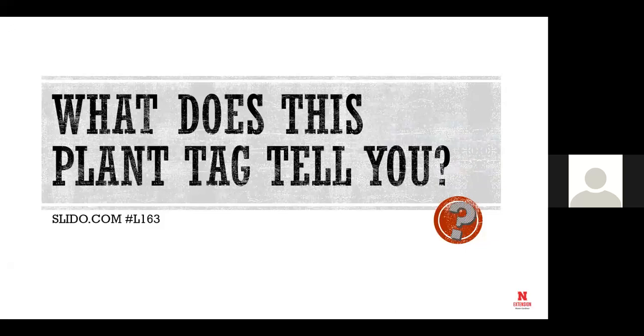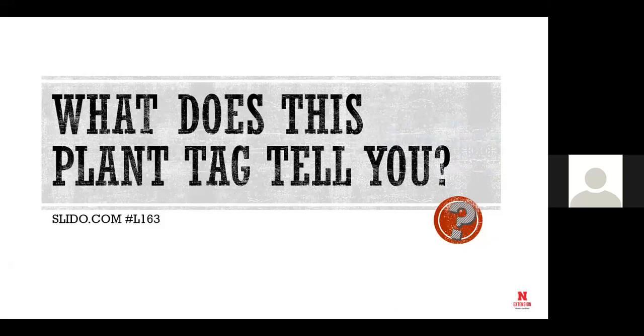What you have is a sheet of plant tags. These are just various tags that I pulled and Terry found. What we want you to do is talk about them, converse with each other, and then answer that Slido: what is the tag telling you?